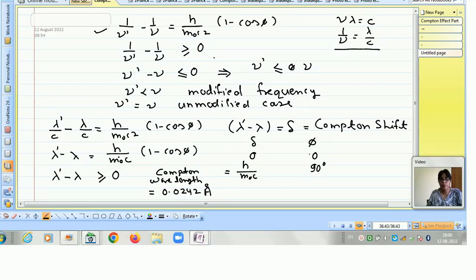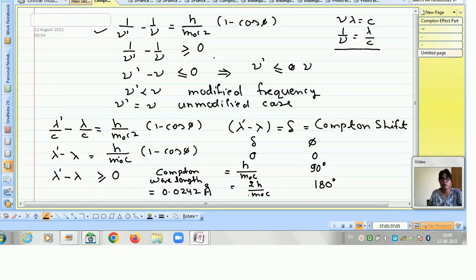Now if we put phi equal to 180 degree, in the backward direction, then cos pi is equal to minus 1, so minus minus plus 1, 2. So this will be 2h upon m naught c. Delta, the Compton shift, is 2h upon m naught c.